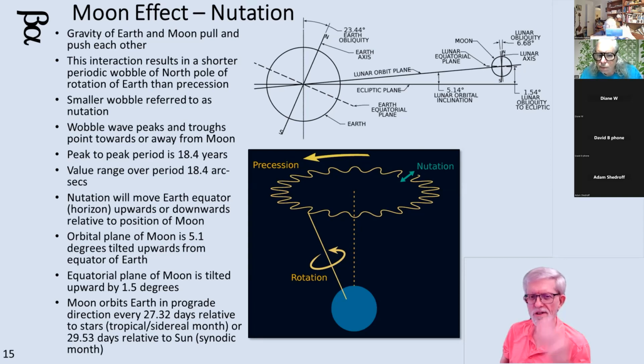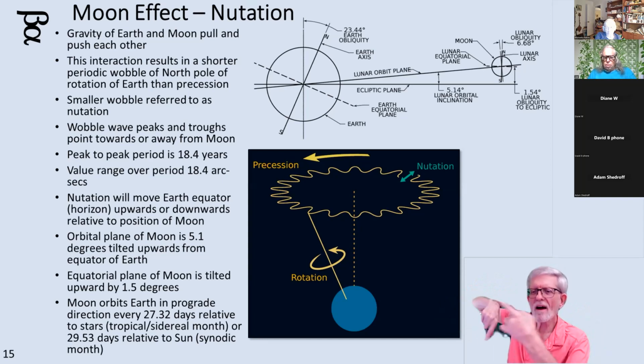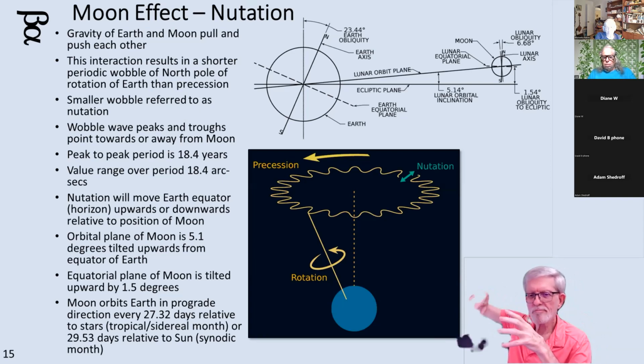And because the Earth is tilted on its axis, and the plane of the orbit of the moon around the Earth is also tilted against the ecliptic of the solar system, when it's swinging around and it's on the heavier side, it can pull a little bit. And when it pulls a little bit on the Earth, that changes where the North Pole is pointing by a small fraction of a degree.